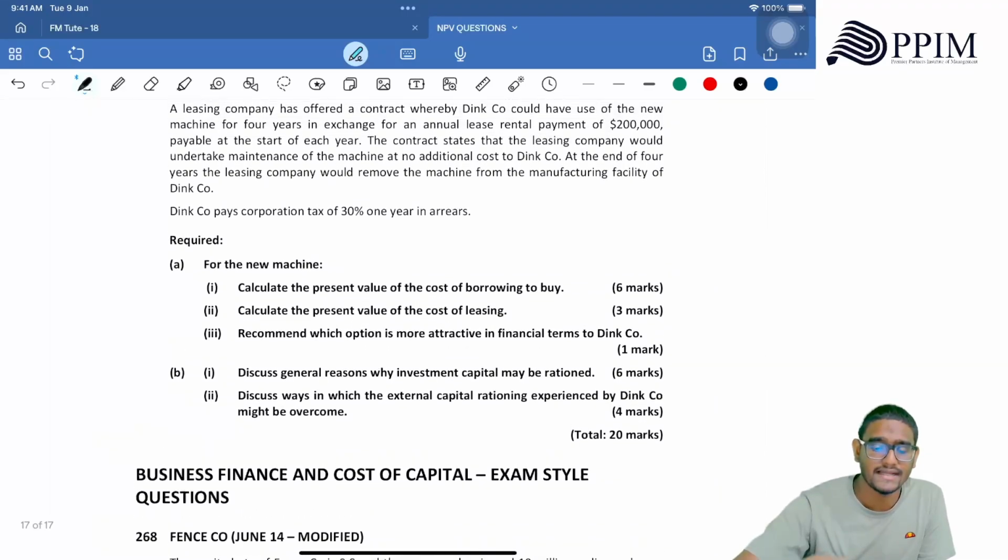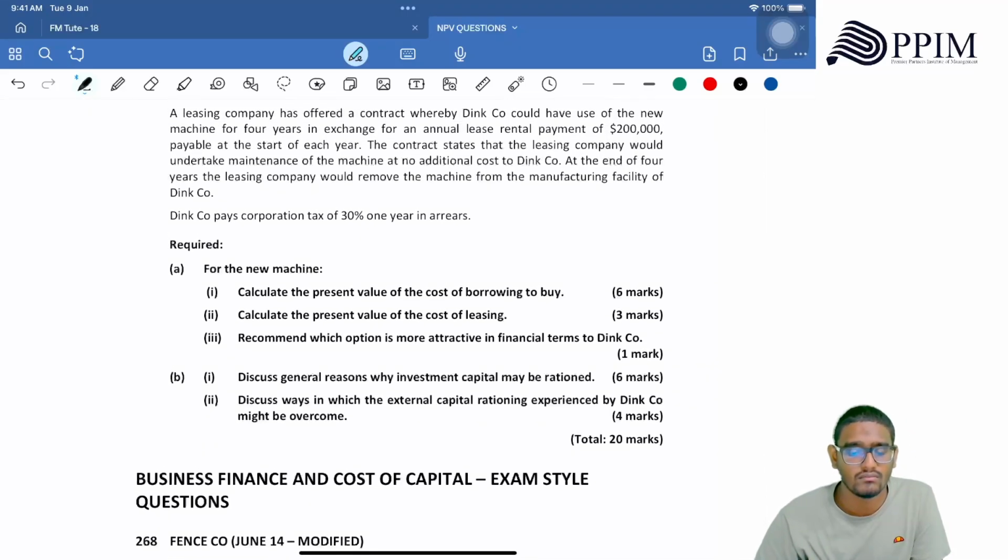A leasing company has offered a contract whereby DINK company would use some of the new machines for 4 years in exchange for an annual lease rental payment of 200,000, payable at the start of each year. The leasing company would undertake maintenance of the machine at no additional cost to DINK. At the end of 4 years, the leasing company would remove the machine.